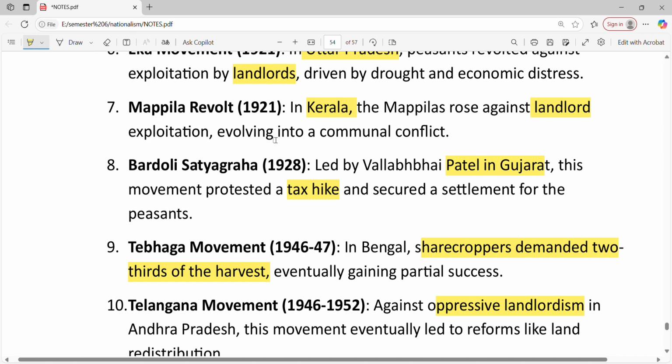But for years, these were the customary rights of the Mappilas, and those were deprived here. So in Manjeri in 1920, the Malabar District Congress Committee supported the tenants and demanded legislation to regulate landlord-tenant relations.